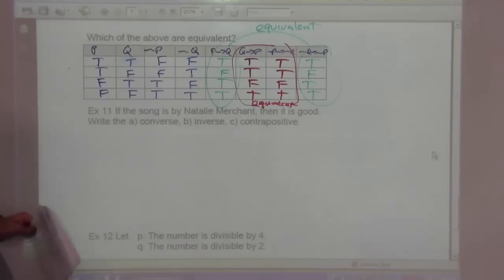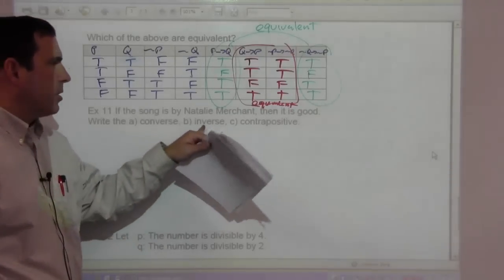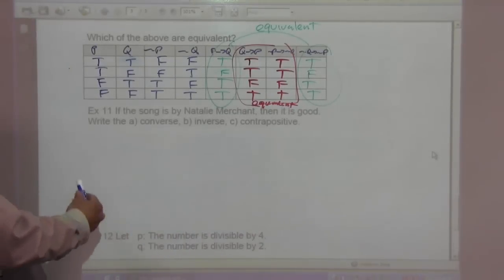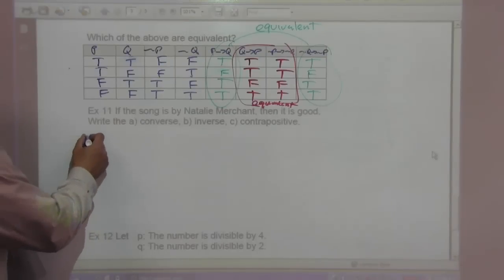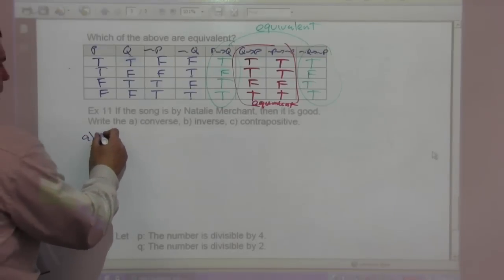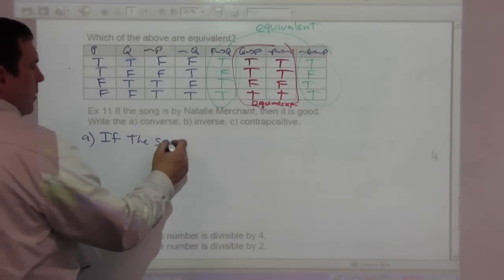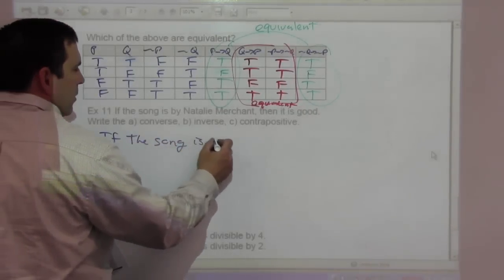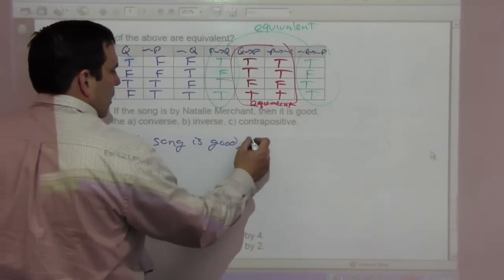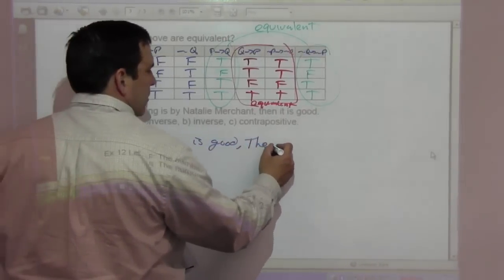So using this, we're going to go to example 11. If the song is by Natalie Merchant, then it is good. So what is the converse? So A, the converse: if the song is good, then it is by Natalie Merchant.